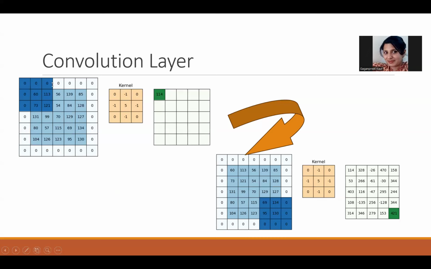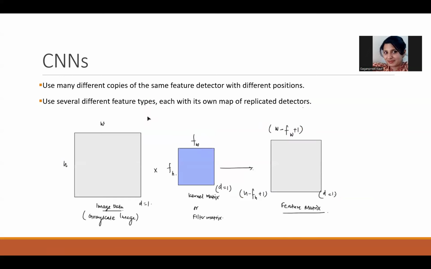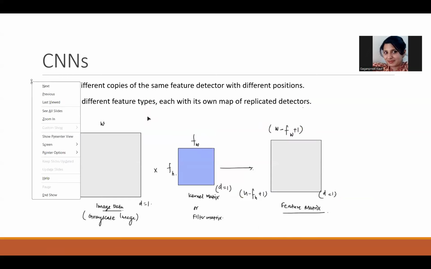Here, as of now, we are just understanding this in the background: light blue, with a border of zeros. This is my input matrix, and this is my kernel filter matrix for a single filter which is applied. Let's go to the previous slide.